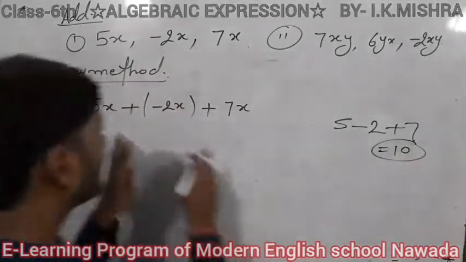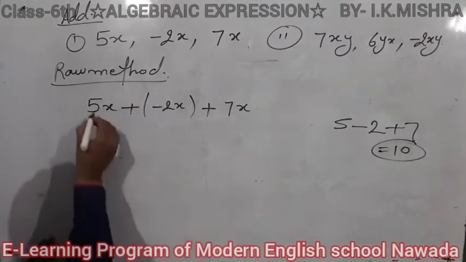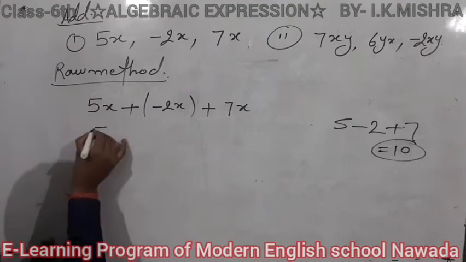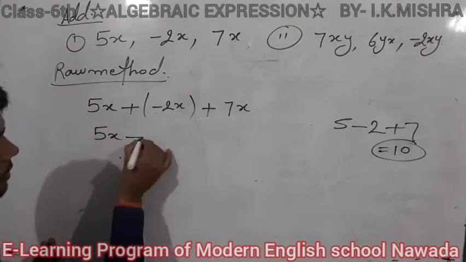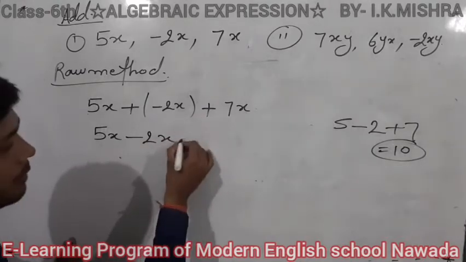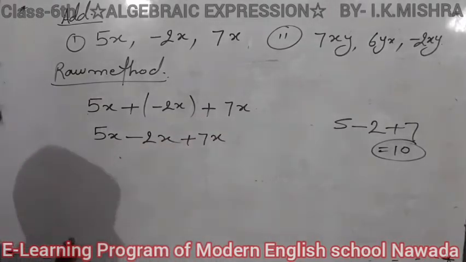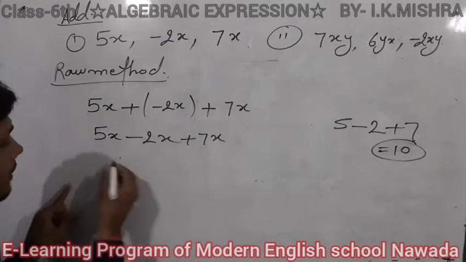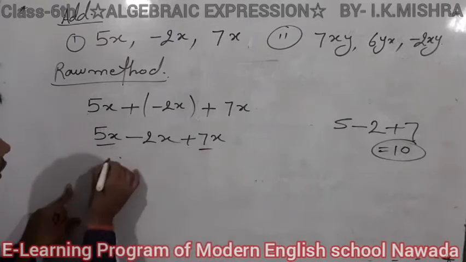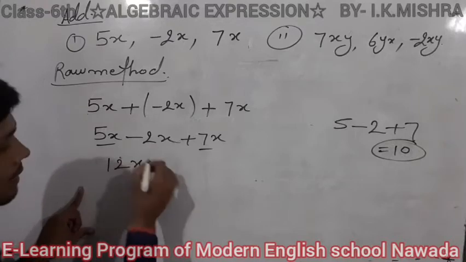Similarly, students, you can add here 5x. That means you can write 5x plus minus 2x, and here plus 7x. Students, here 5 and 7 will be added. That means here it will be 12x and here minus 2x.